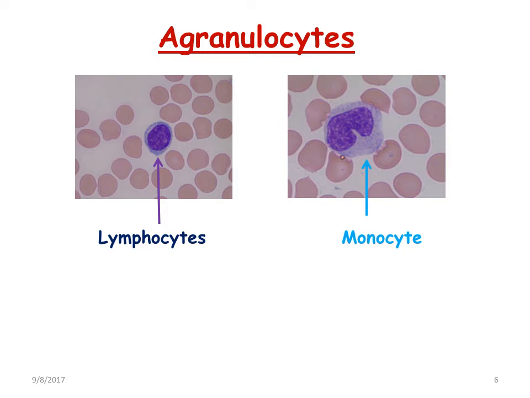The lymphocyte has a single nucleus and a blue cytoplasm surrounding it. Then you have the monocyte, which is the largest of the white blood cells, and it also has a single nucleus, but the shape of the nucleus is kidney shaped.